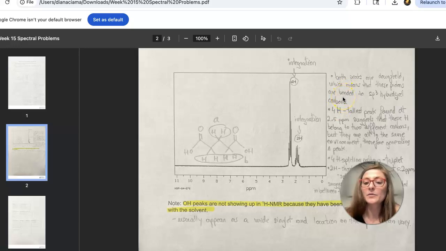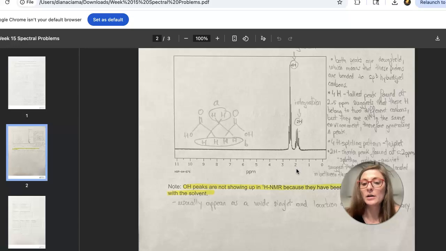I have an integration of 4H on the tallest peak and 2H on the shortest peak. The 4H peak is found at 2.5 ppm. This suggests that these hydrogens belong to 2 different carbons, but they are all in the same chemical environment, therefore generating just 1 tall peak.